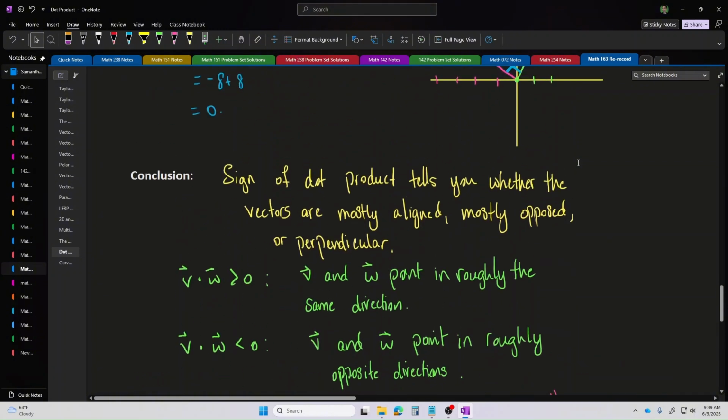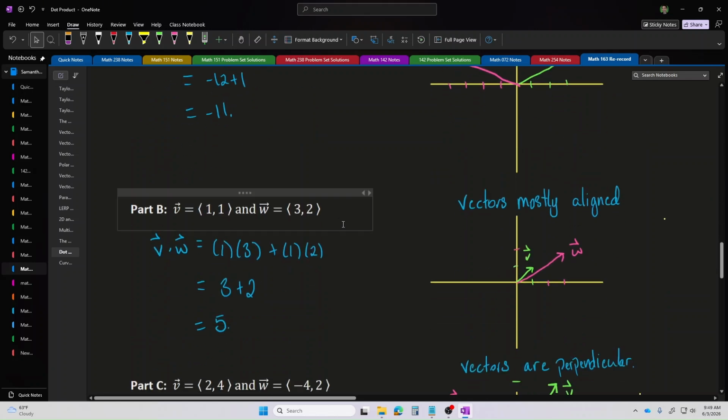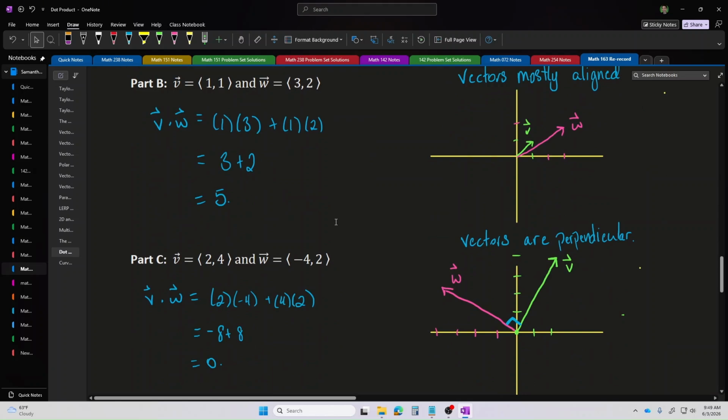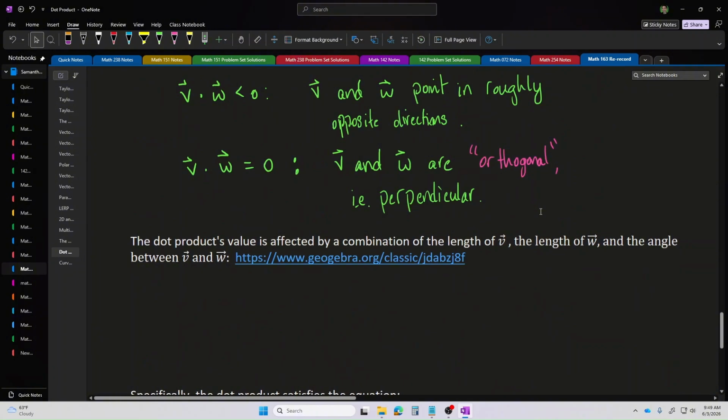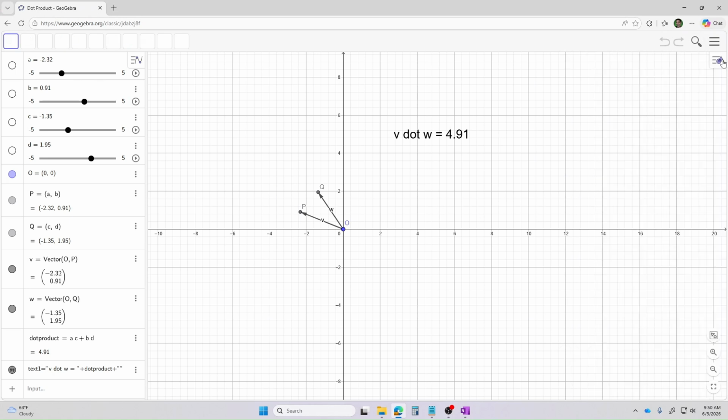So then it's a question of, okay, what is the significance of the magnitude of the dot product? What does it mean if the dot product has a large magnitude, like 11, versus if the dot product has a small magnitude, like 1 or 2 or 3? To explore what's going on with the dot product's magnitude, I've prepared a little GeoGebra module here so that we can see the dot product of two vectors in various cases.